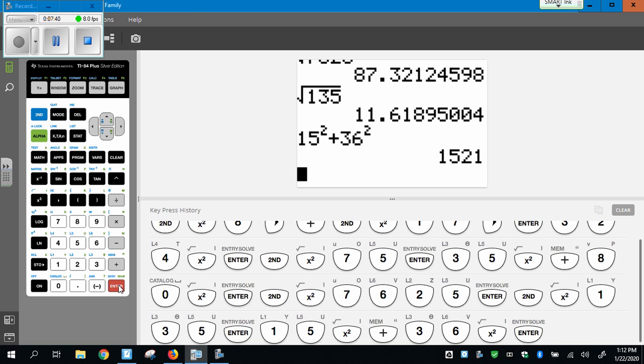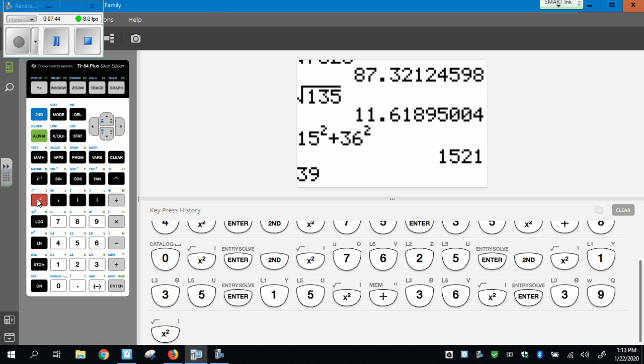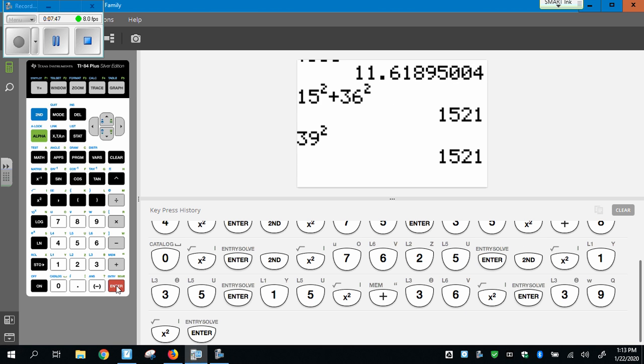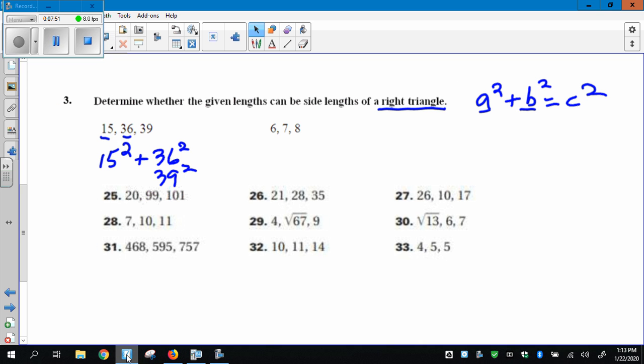15 squared plus 36 squared gives me 1,521, and 39 squared also gives me 1,521. So this could be the 3 sides of a right triangle. We get exactly the same for both. So a squared plus b squared does equal c squared.